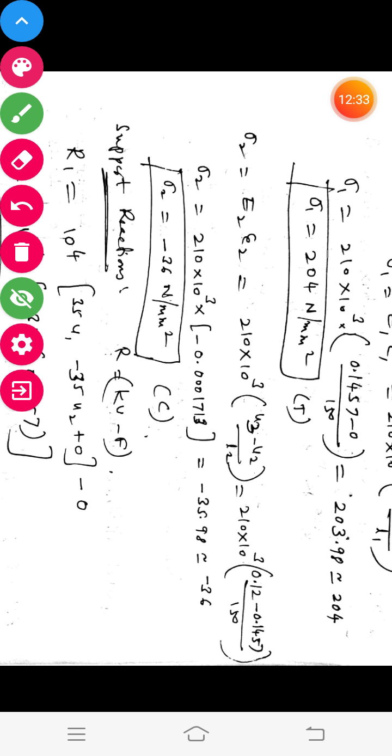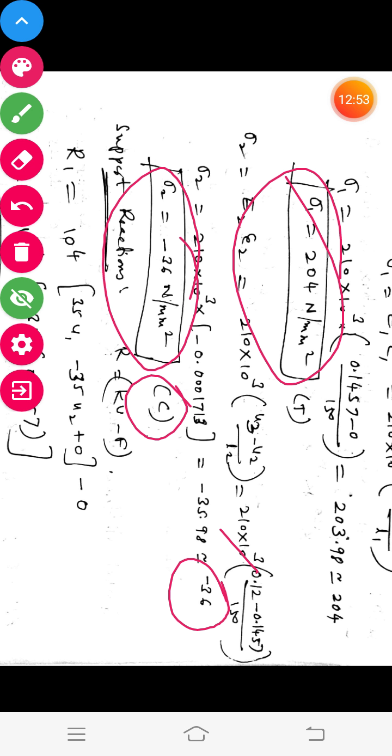Therefore stress in element 2 we got is minus 35.98, approximately minus 36 Newton per mm square. Hence a compressive stress of 36 Newton per mm square is induced in element 2. Therefore element 1 is subjected to tensile stress and element 2 is subjected to compressive stress.